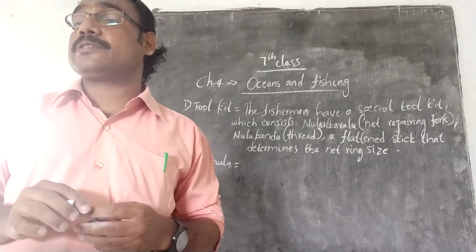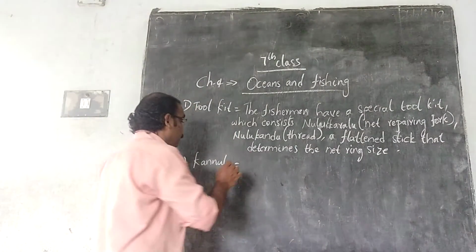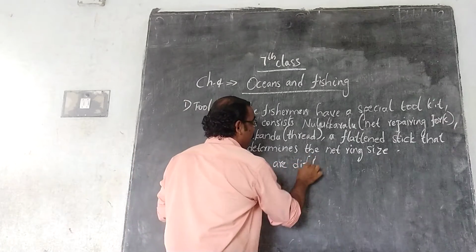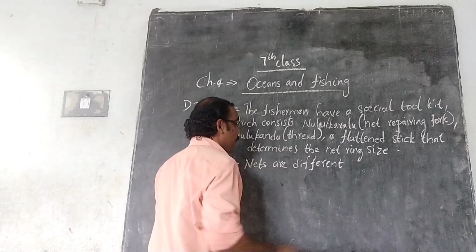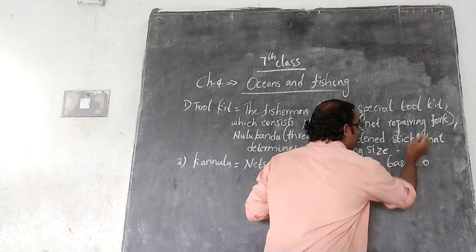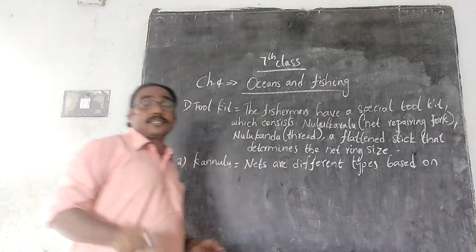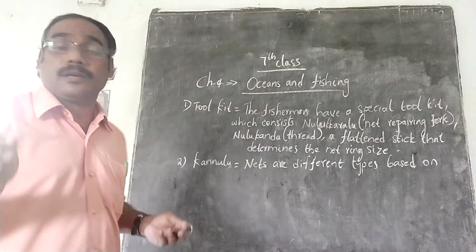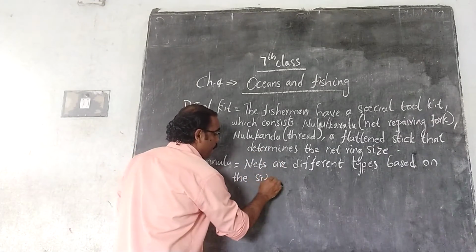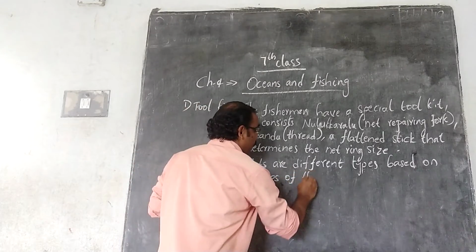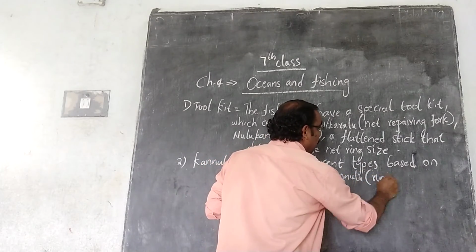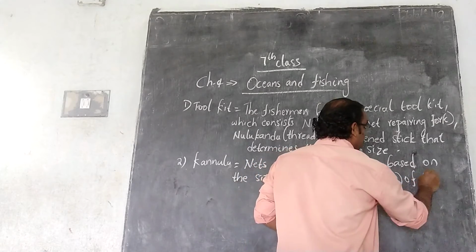Nets are of different types based on different sizes of the kannulu. Kannulu means rings of the net.